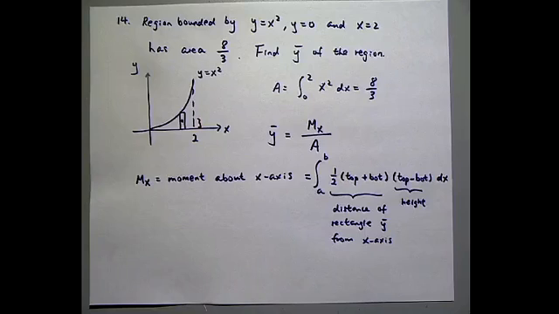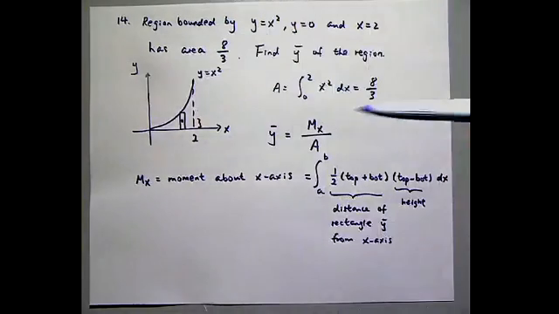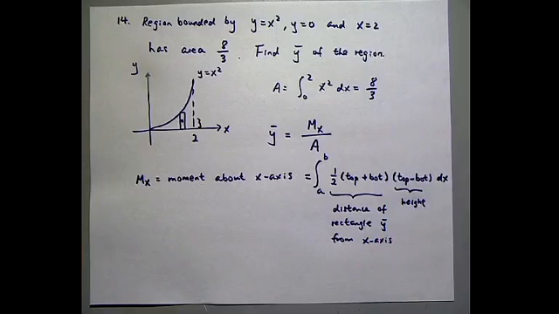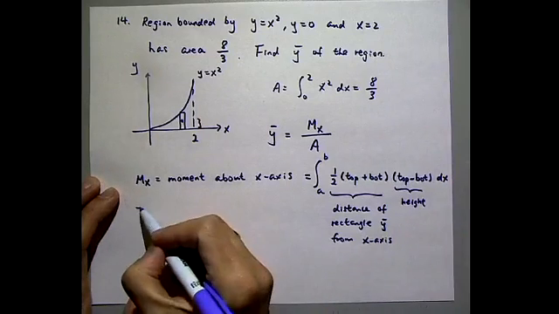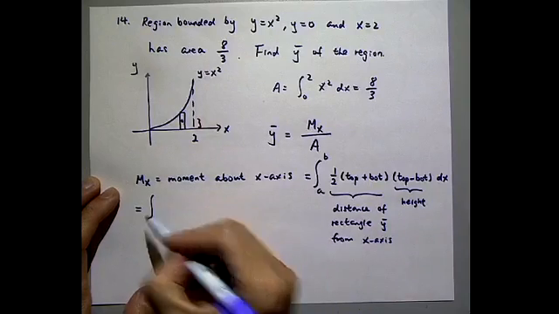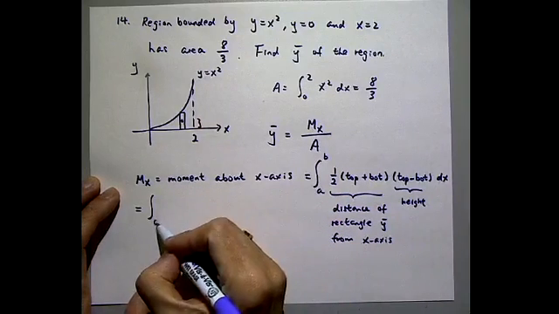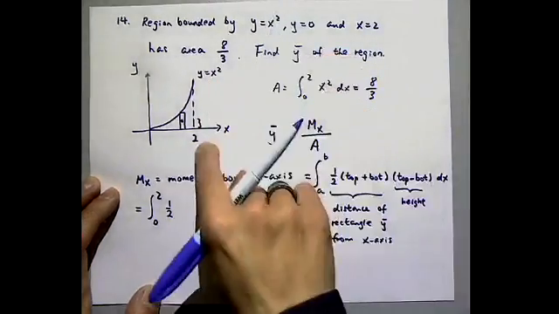Remember, moment is distance from the rotation axis times the mass, or technically the weight of the object. So that's the distance, and this is essentially our weight here. If we carry that out using the numbers we got, 0 to 2, of course, 1/2 times top, x squared, bottom is 0.